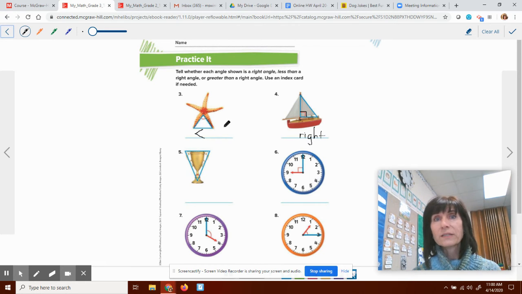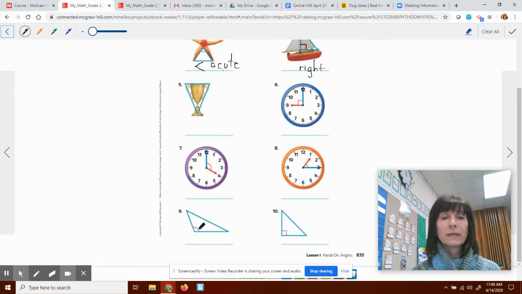And I'm going to challenge you. If it is less than, write the word acute. If it's greater than, write the word obtuse that we spelled on the other page. Go that extra step. Extend yourself.